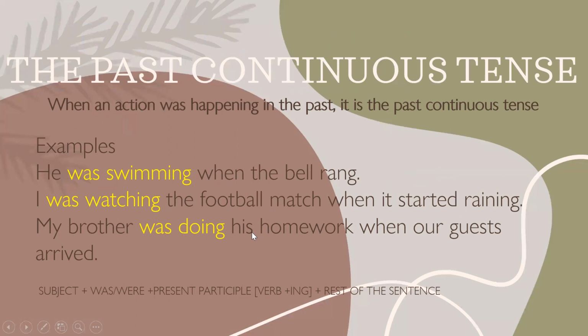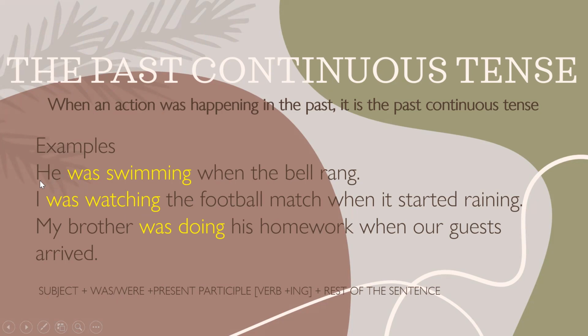Here are some examples. When an action was happening in the past, it is the past continuous tense. So here are examples for you. He was swimming when the bell rang. So if you look here, subject, he. Was or were. Now because the subject is singular, he, we have to use was. If it was two people, David and Ravi, then you can say David and Ravi were swimming.